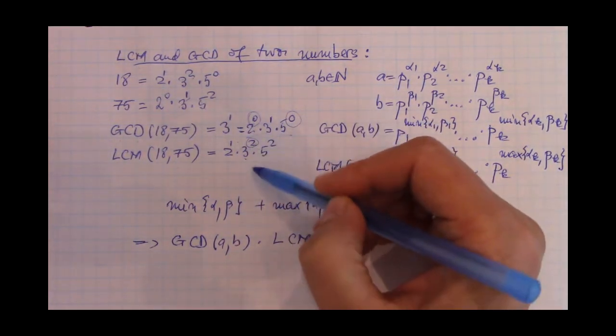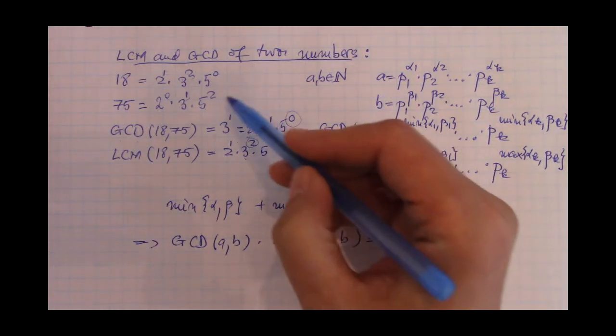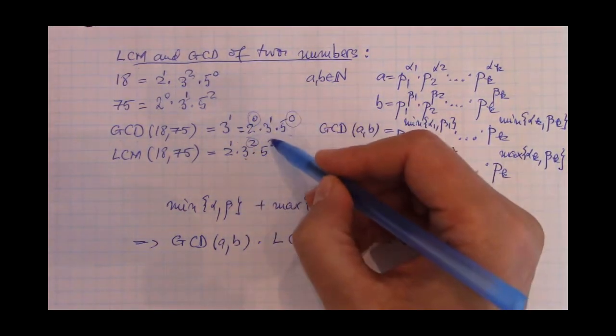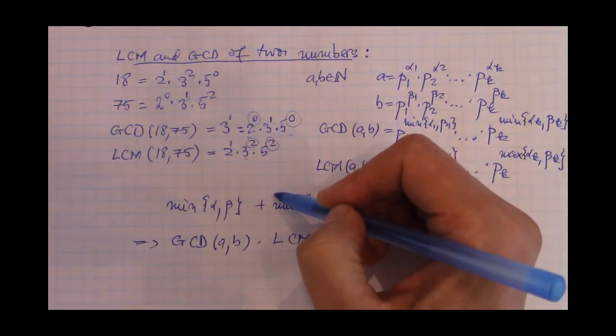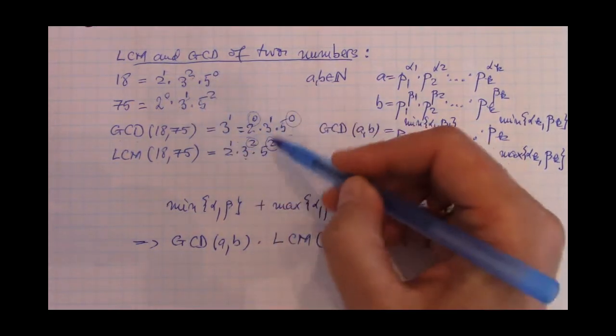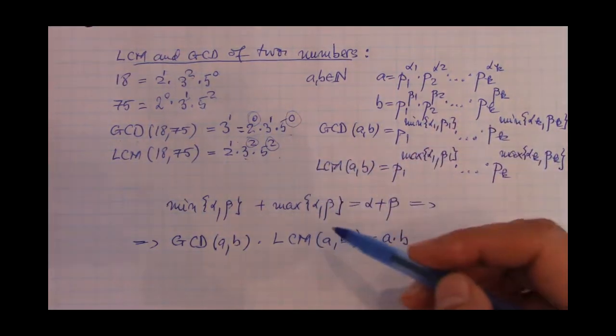We take the larger of the two, so we take 3 to the power of 2. And 5 appears to the power of 0 in 18, to the power of 2 in 75. So we take the larger of the two, which is to the power of 2. So again, let's call them fake prime factors, they change neither the LCM nor the GCD.